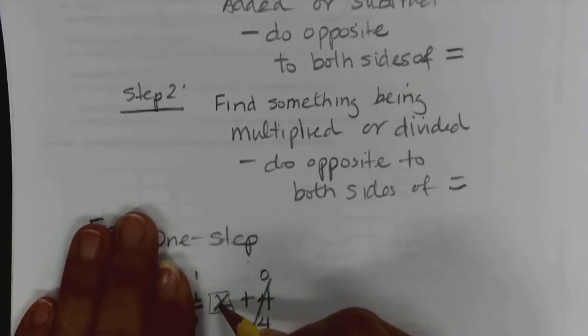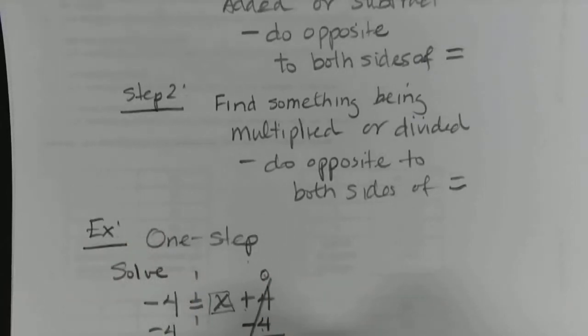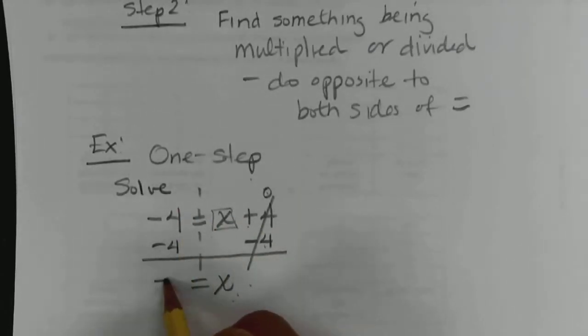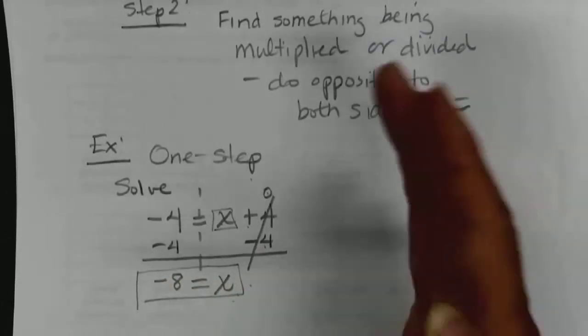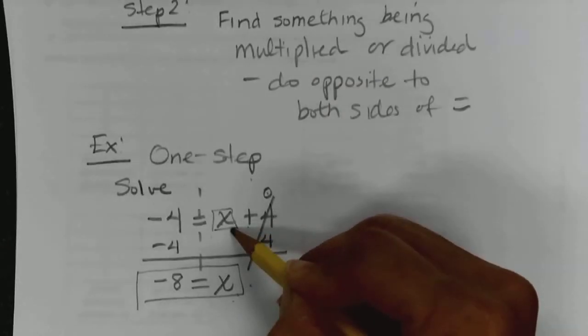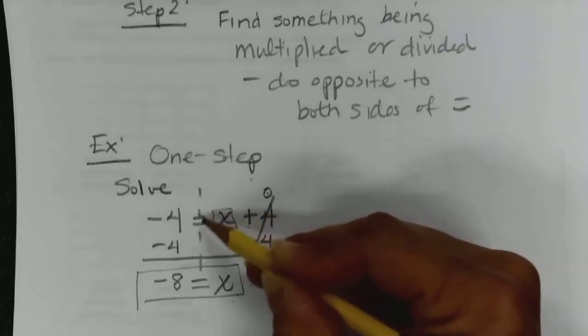X, because x plus 0 is just x. That's what's left. That equals, what's negative 4 minus 4? Negative 8. See how the answer just popped up? That's why we want to get x by itself. Okay? That's how you do it. You do the opposite of what's being done to the x.